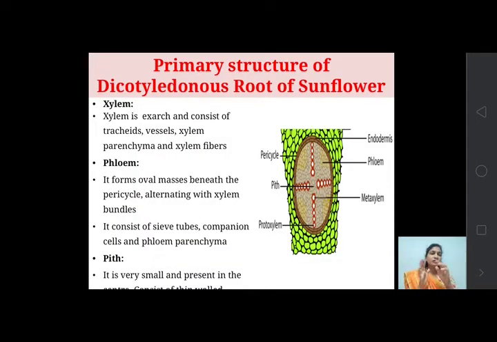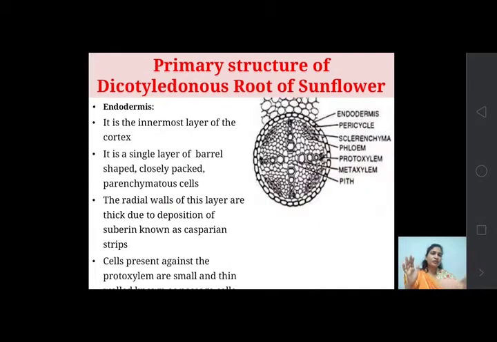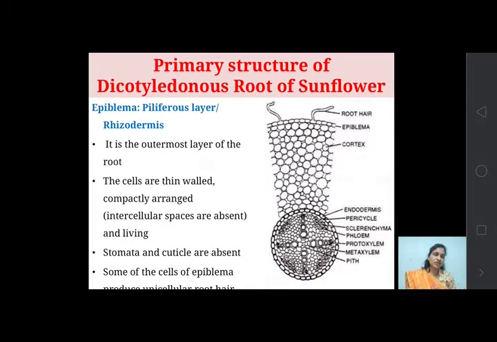As you can see, first we look at the whole structure; it looks like this. The first part is the epiblema, the outermost covering of the root. Its cells are thin walled and compactly arranged without any intercellular spaces, and stomata and cuticle are also absent. These cells produce unicellular hair-like projections known as root hairs, meant for the absorption of water.